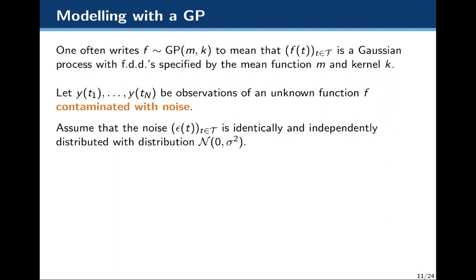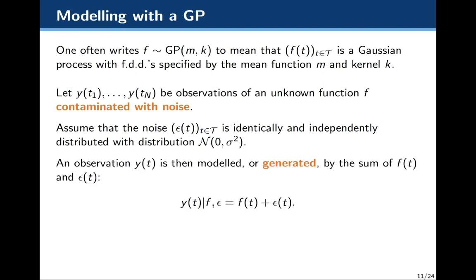Now, one nice thing about a GP is we can handle noisy observations as well. Let's say y1 to yn are observations of some unknown function, but we know that our observations are contaminated with some noise. One common assumption to make, and again, we want to be explicit about our assumptions, is to model this noise with IID samples from another Gaussian with mean 0 and variance sigma squared.